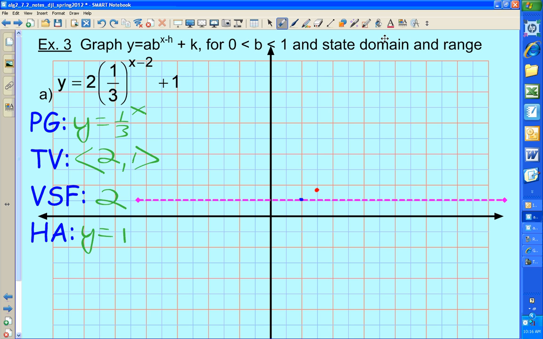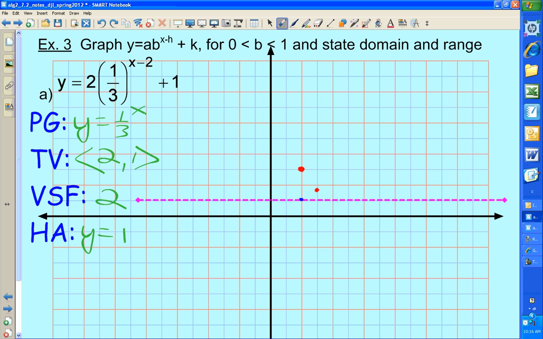Christo, right 0 up 1 in the parent graph. Right 0 up 2, because we have a vertical stretch of 2. We double the ups. Robert, left 1 up 3 in the parent graph.